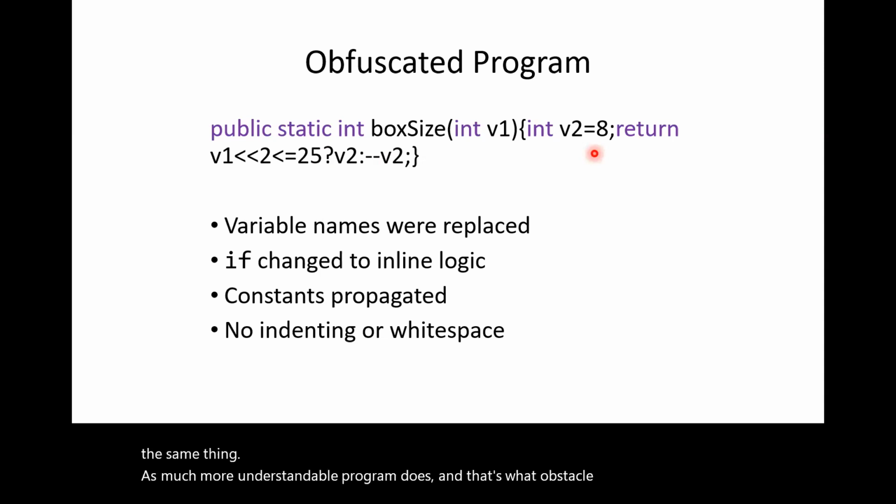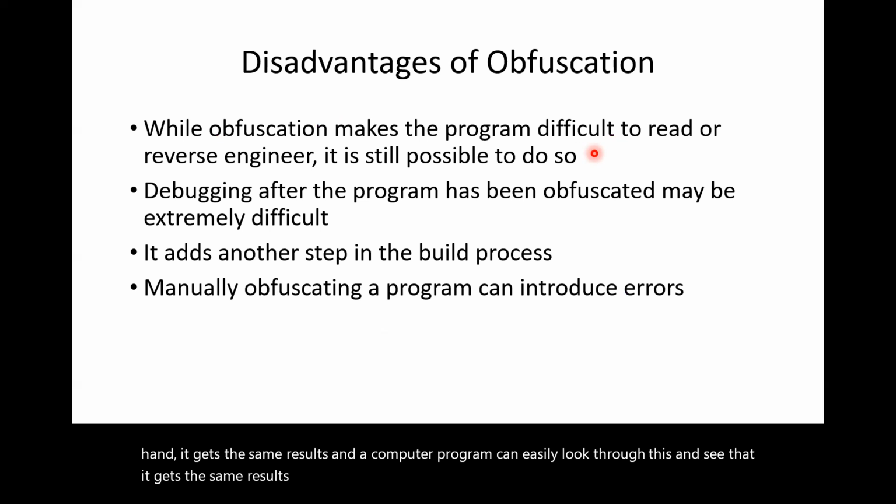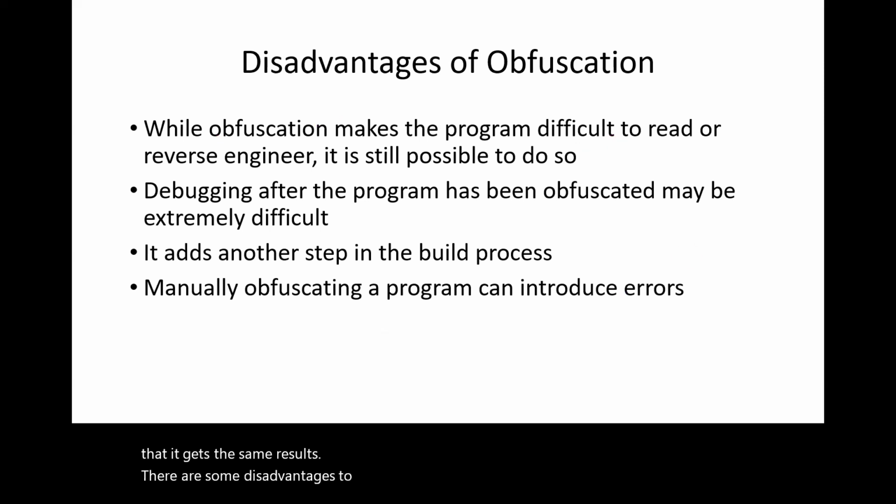On the other hand, it gets the same results, and a computer program can easily look through this and see that it gets the same results. There are some disadvantages to obfuscation. While it makes the program difficult for humans, programs can still take it apart and figure out what's going on.